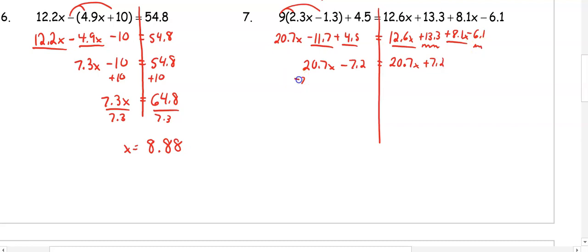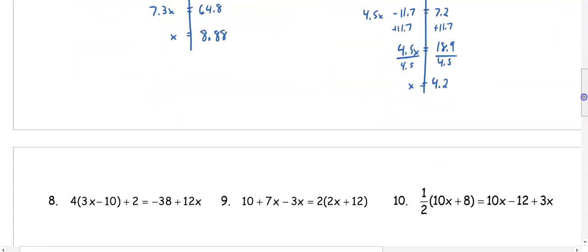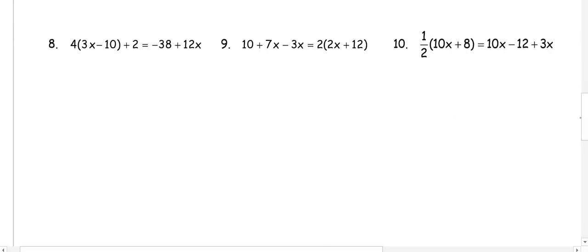Now, when we subtract 20.7x from both sides, the x's are going to cancel out, and we're left with negative 7.2 equals positive 7.2. A negative can't equal a positive, so this is not equal. This is no solution. In number 8, when we distribute the 4, we get 12x minus 40 plus 2 is equal to negative 38 plus 12x.